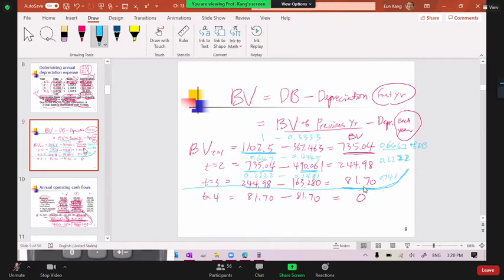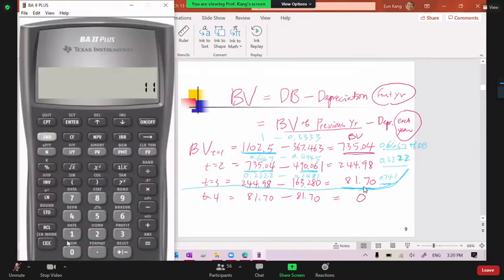So you can do it this way too. For example, if you calculate year 3 book value, you can do 1102.5 times 0.0741, which is 81.7, right? We can solve that too.